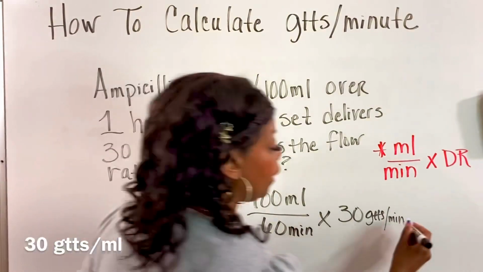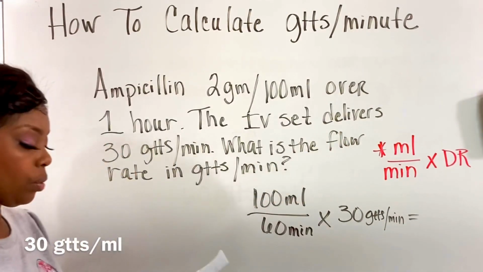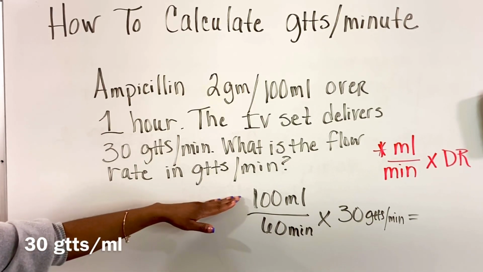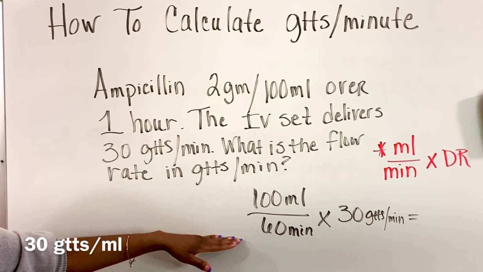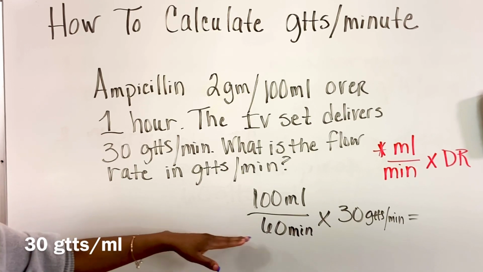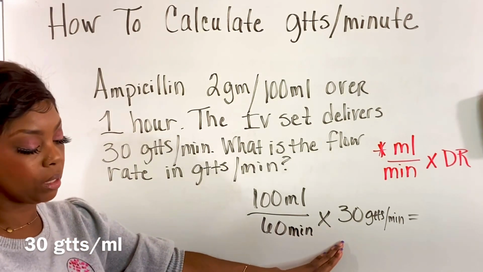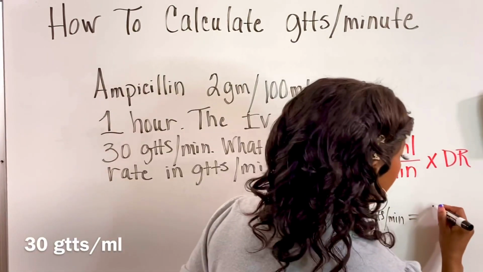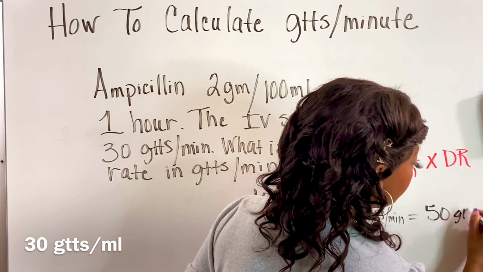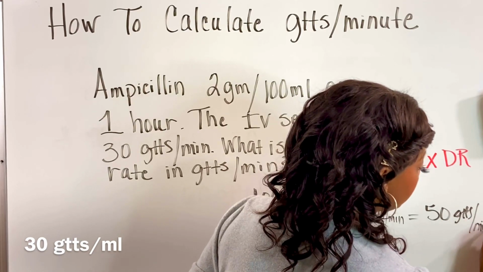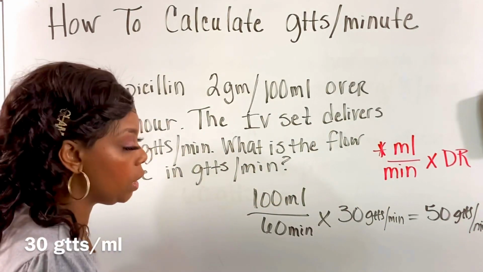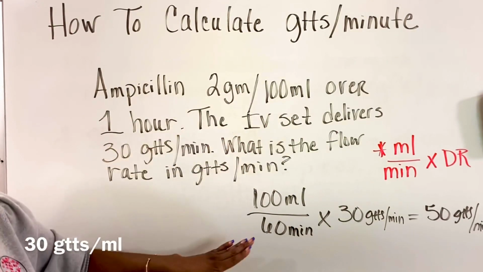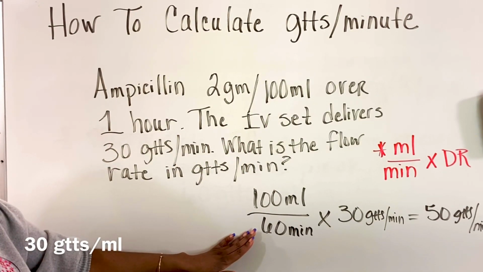So if you will put this in your calculator, 100 divided by 60 times your drops per minute, that is going to give you 50 drops per minute. That's going to be the flow rate of this medication because the patient is receiving 100 milliliters and this is going to last for 1 hour, okay?